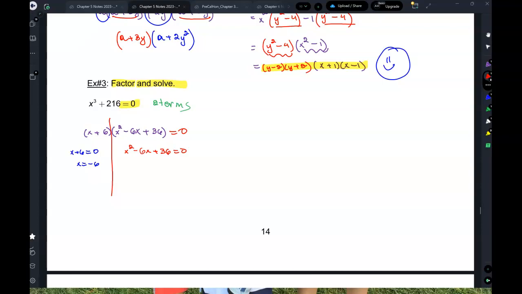Or you can do completing the square. What's the t-chart? It doesn't work. You can try, but because I know what's coming, I'm telling you there are no 2 numbers that multiply to 36 and add to 6. I promise. Take my word on this.